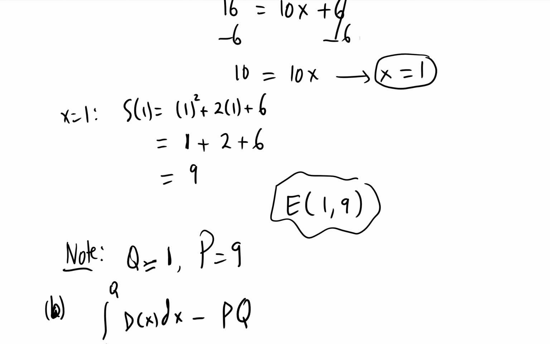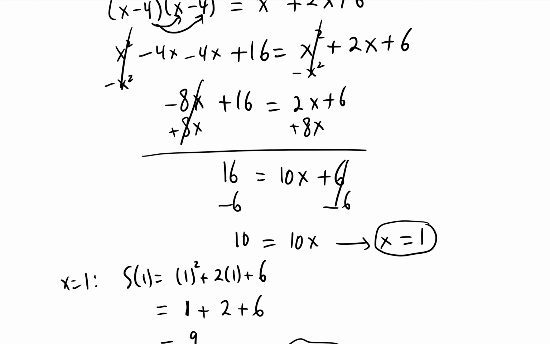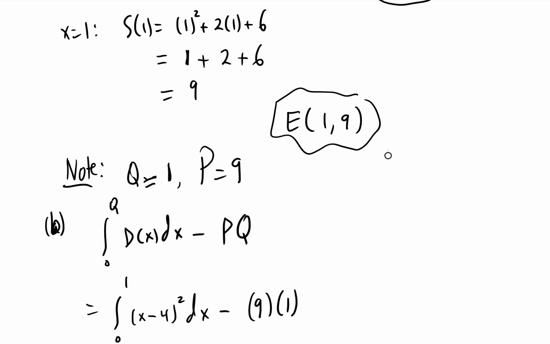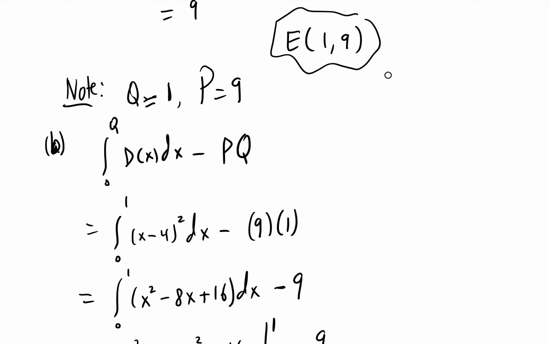Part B, they want us to find the consumer surplus. If you look at part B, consumer surplus, it has the formula we introduced today, the integral from 0 to Q of d of x dx minus PQ. From the equilibrium point, we found P and Q. And d of x is x minus 4 squared. So first thing, to find the antiderivative of x minus 4 squared, we need to expand it as we did earlier, multiply it out.